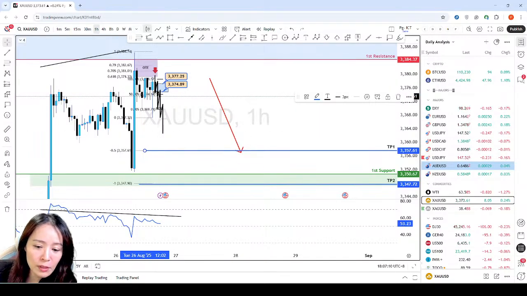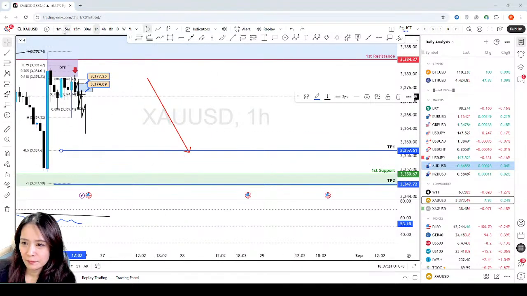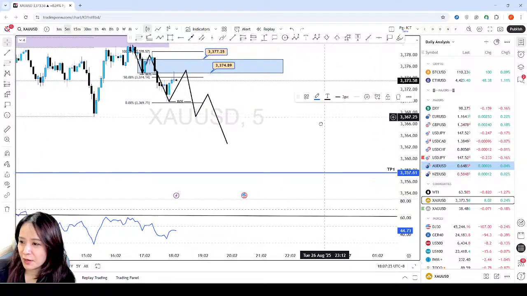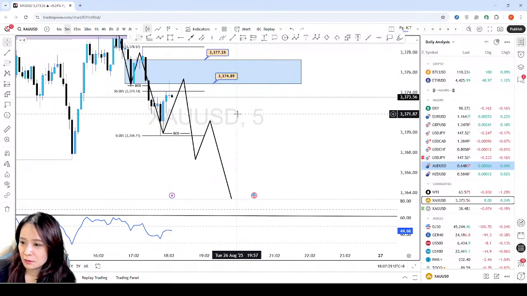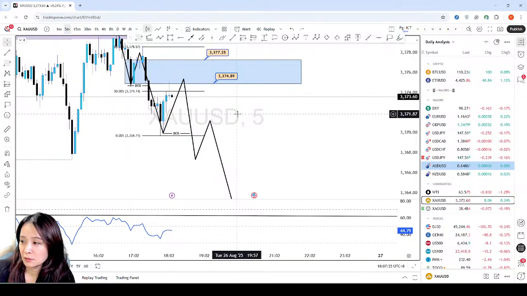Okay, I just put 58 plus. M5 is really beautiful with the price action here. Anybody sell? No. Jamilu said no, did not sell. It's okay. Just test out the strategy first, okay?